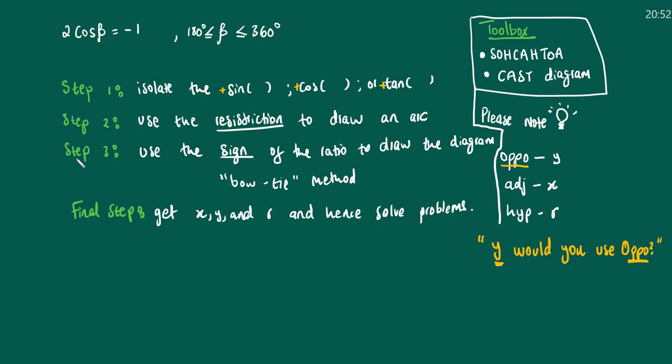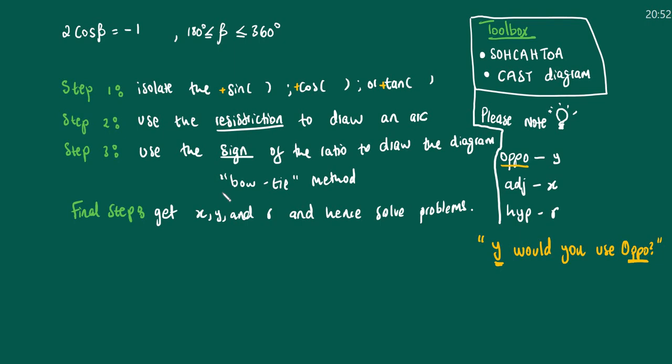For type 2, because this is type 1, when I do type 2, I'll indicate that it's type 2. Type 1: isolate the ratios, use the restriction to draw an arc, use the sign to draw the diagram, and then from there, get X, Y, and R and solve.